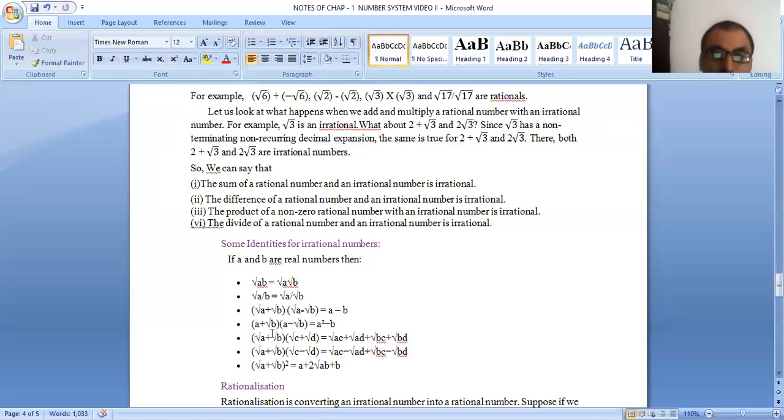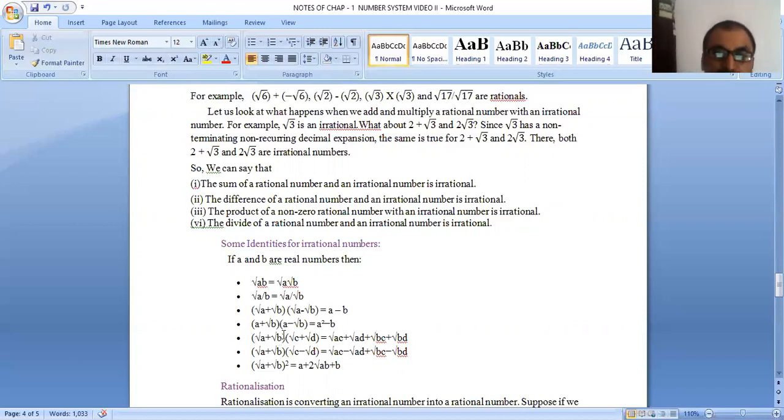Now (a plus root b) into (a minus root b): from that identity also, a square minus root b square is a square minus b.